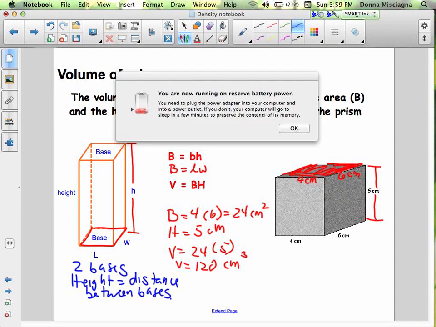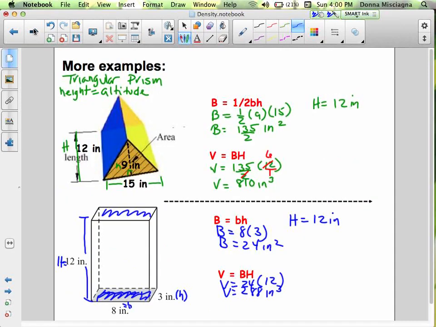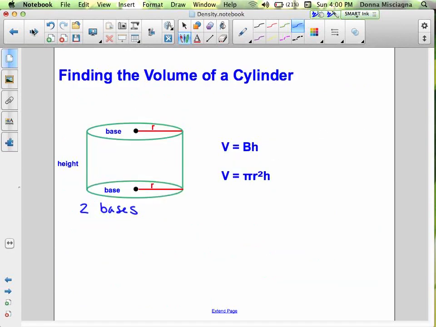And the volume is the area of the base times the height of the prism. Just like prisms, cylinders are very similar in that their volume is going to be the area of the base times the height, not of the prism. This isn't a prism, but this would be the height of the cylinder.